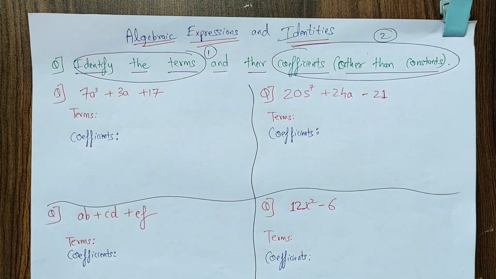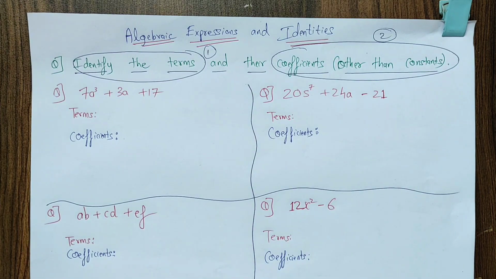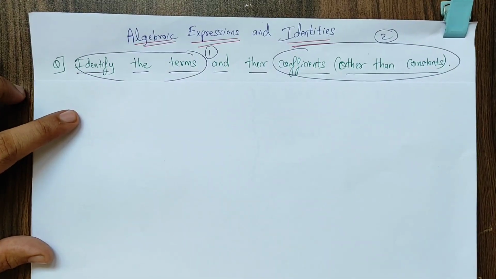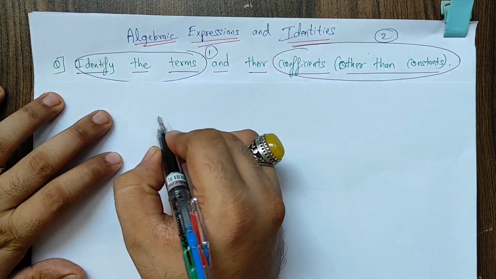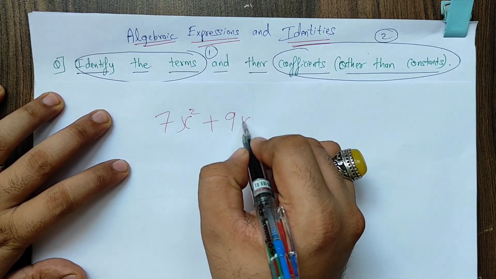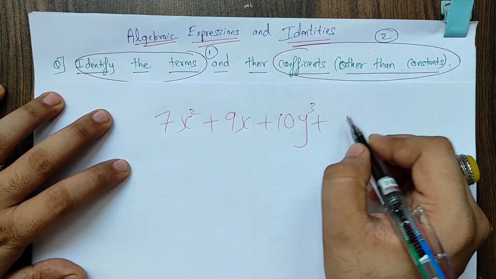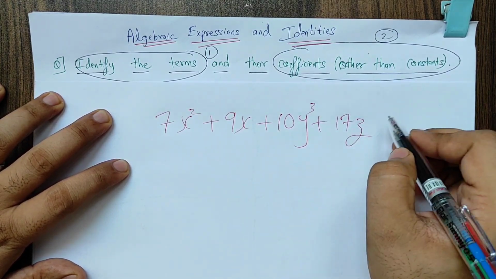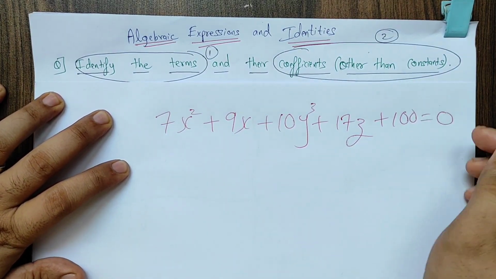Before actually starting these 4 questions, I'll give you one example, my note as usual, to explain what I need to portray. Students, please pay attention over here. I'm writing an expression for you: 7x square plus 9x plus 10y cube plus 17z plus 100 is equal to 0.